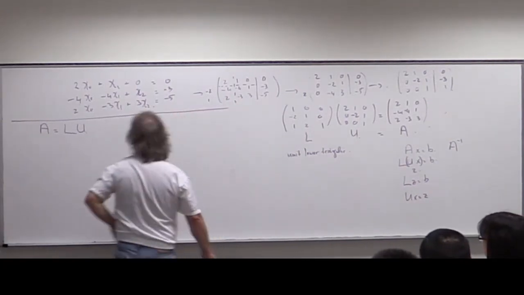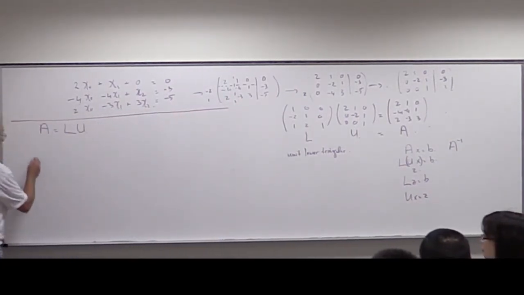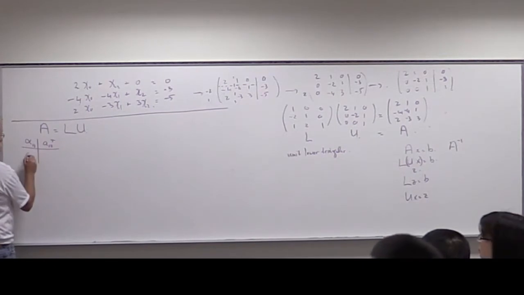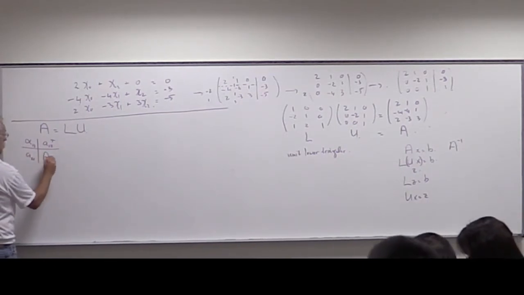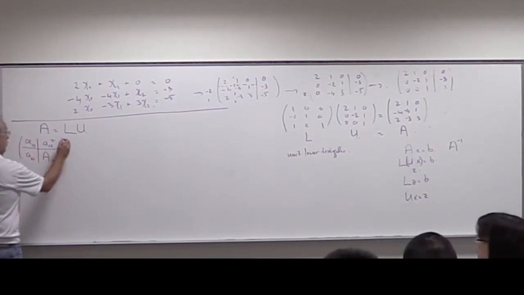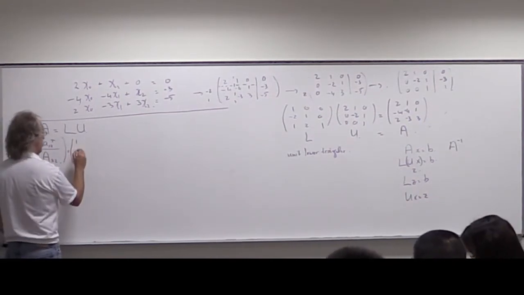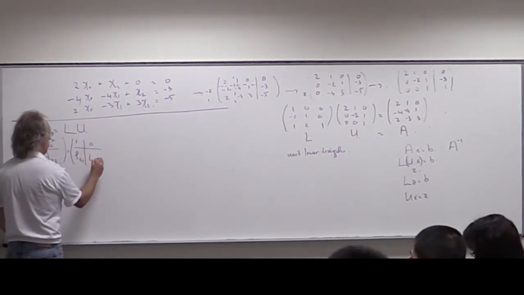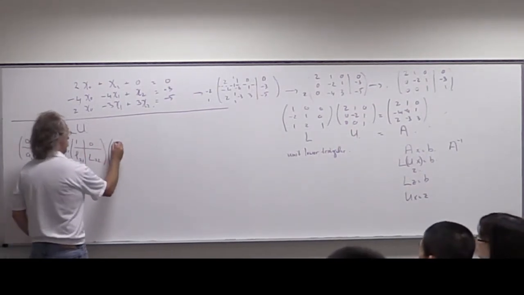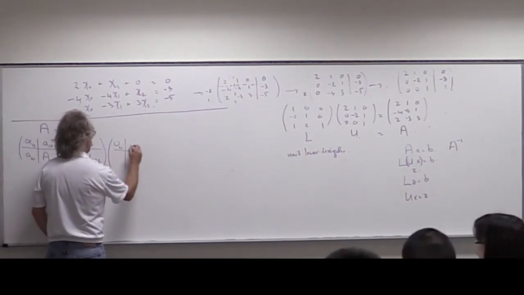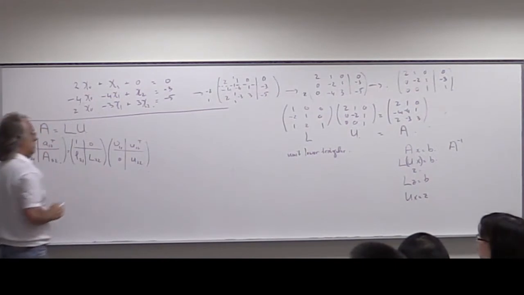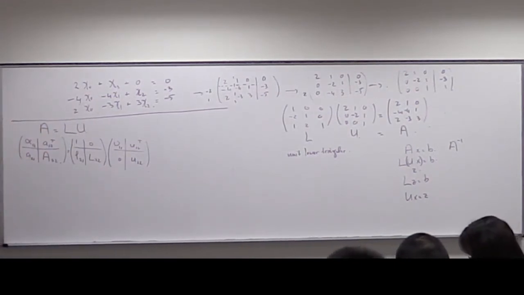So this suggests that we should take our matrix A and partition it into quadrants. And for good measure, let's do the same thing for L and U.